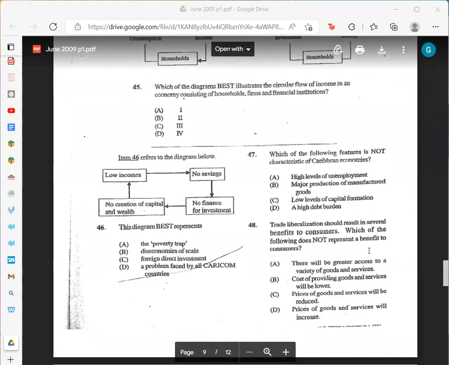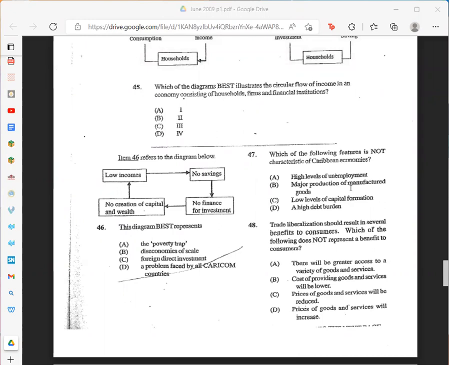Right? Which of the following is not a characteristic of Caribbean economies? So yeah, they are not major producers of goods, right?